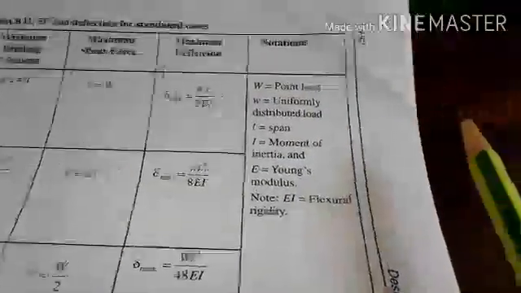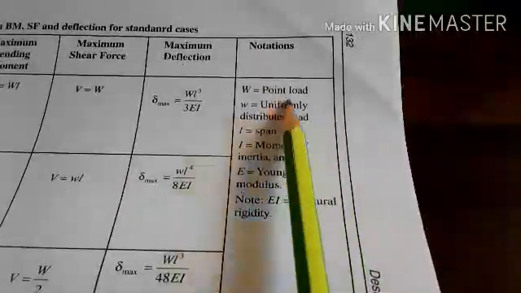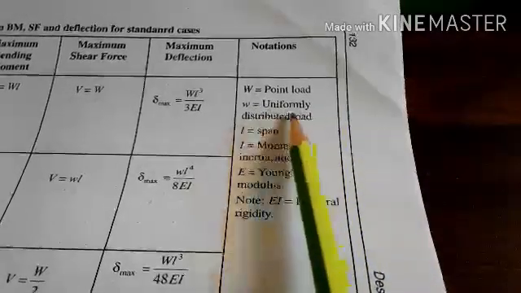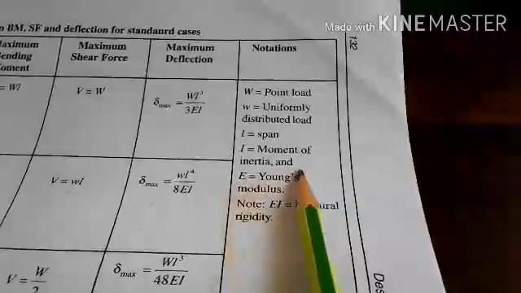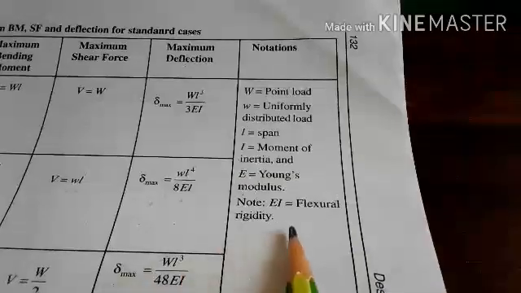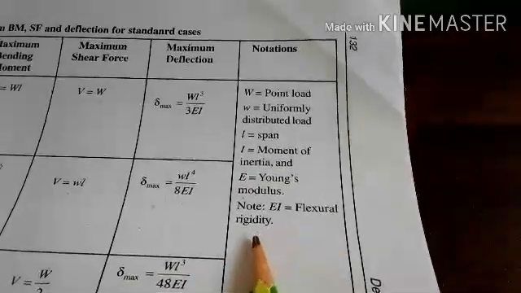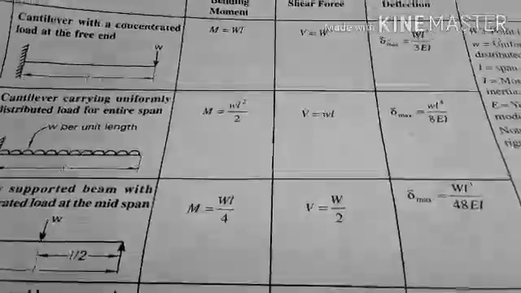Here W is the point load, small w is the uniformly distributed load, L is the span, I is the moment of inertia, and E is the Young's modulus. Note that EI is the flexural rigidity. You have to remember all these cases while designing the beam. Depending on the case given, you have to design.